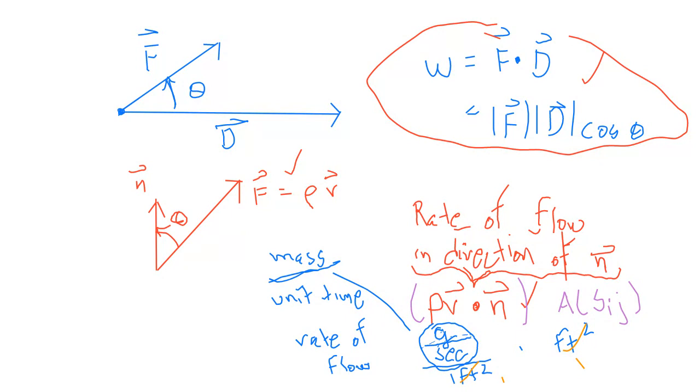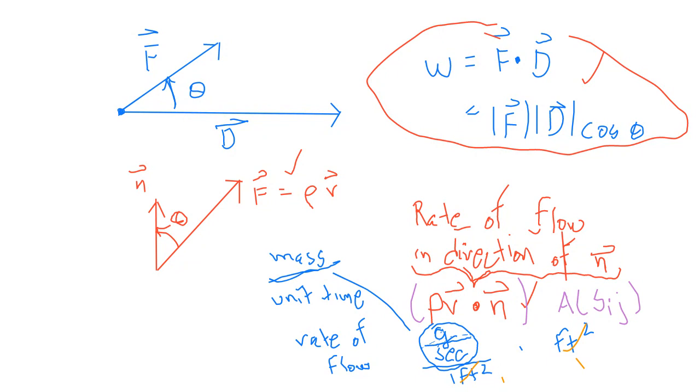So in other words, if you want to find the flow rate, you have this fluid. In this case, let's say it's flowing outward from the surface, but it can be flowing inward too.